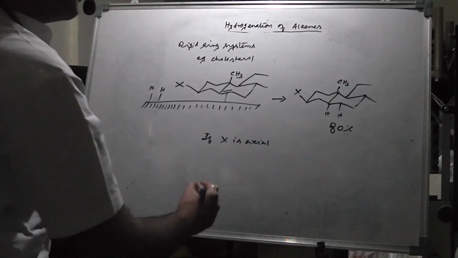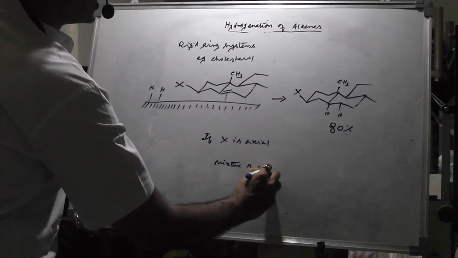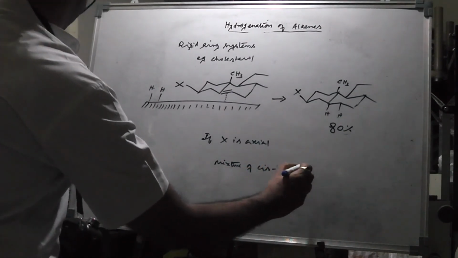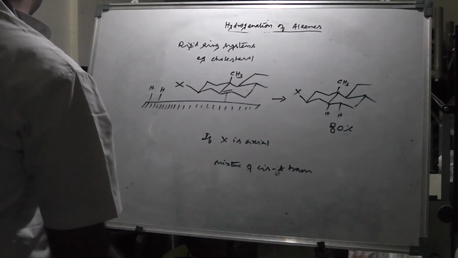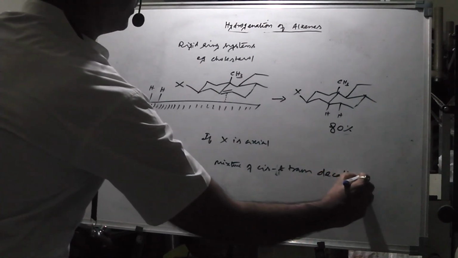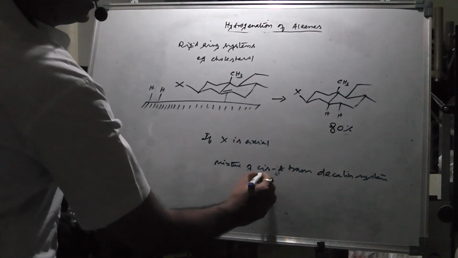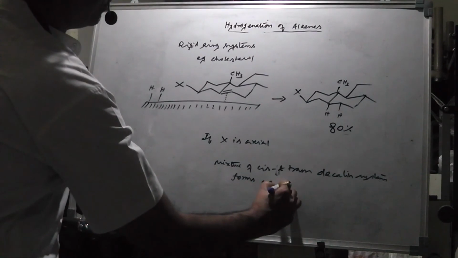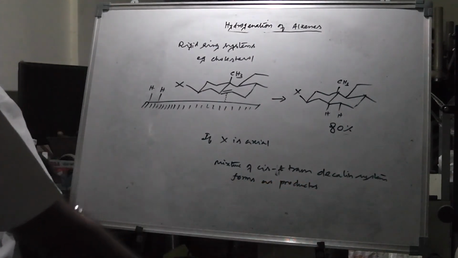So there will be a mixture of cis and trans products, in trans decalin systems, formed in comparable amounts.